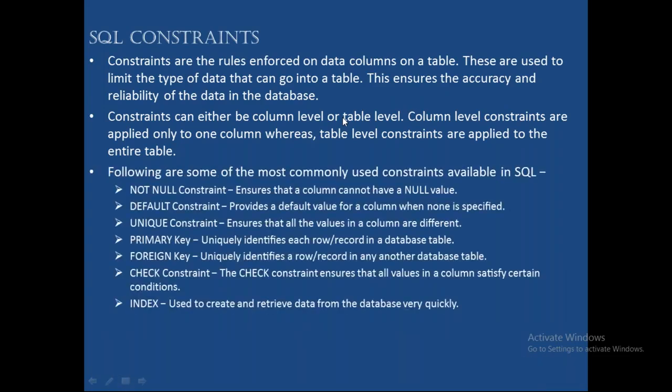Following are some of the most commonly used constraints available in SQL. The NOT NULL constraint ensures that a column cannot have a null value. For example, if I have given a NOT NULL constraint to my course name, then that column should never have a null value.